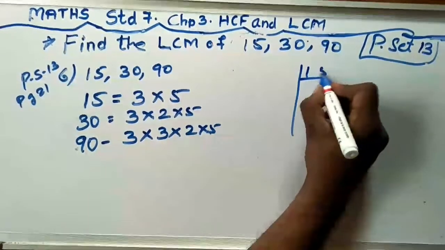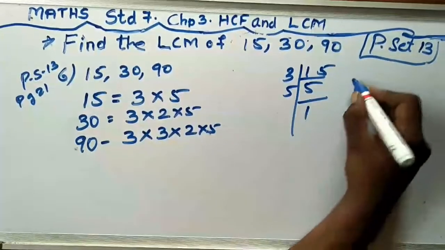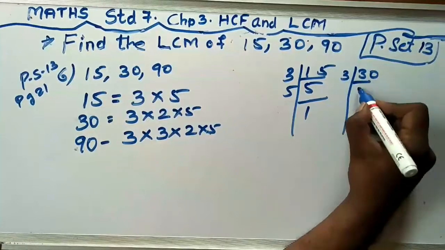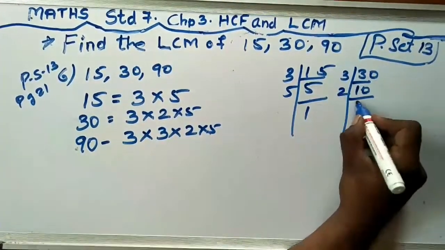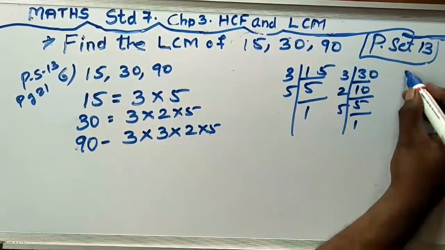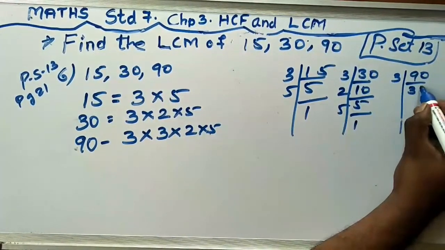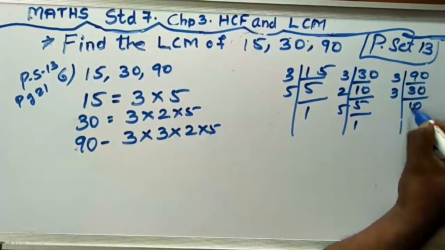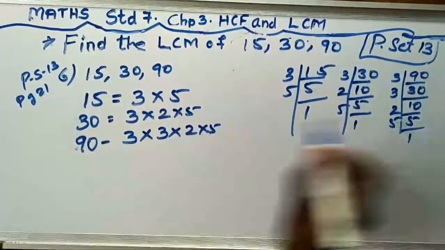If you are confused, 15, 3 table 5 times, 5 table 1 time. 30, 3 table 10 times, 10, 2 table 5 times, 5 table 1 time. And 90, 3 table 30 times, then 3, 10, same you copy this, 2, 5, 5, 1.